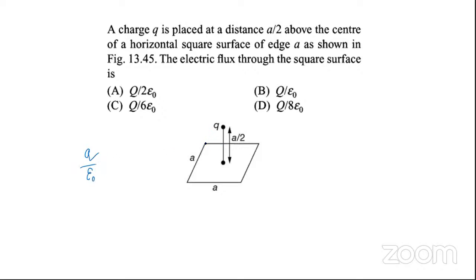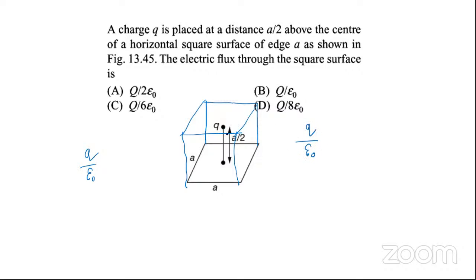Alright, so what we do is we complete this cube, and we can see that the flux from this Q charge going outside the whole cube will be given by Q by epsilon naught.